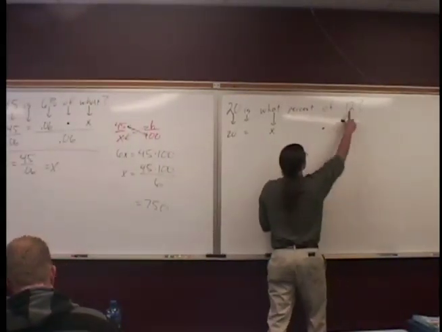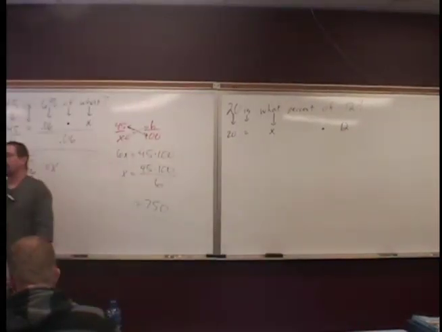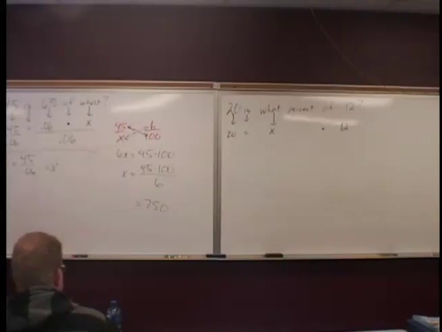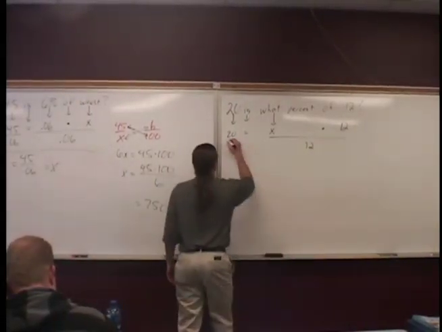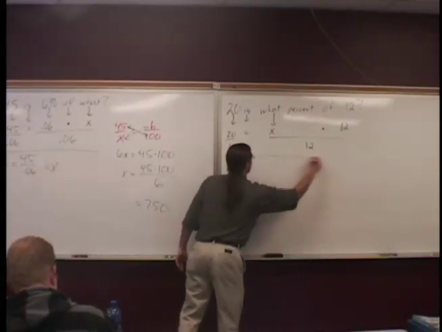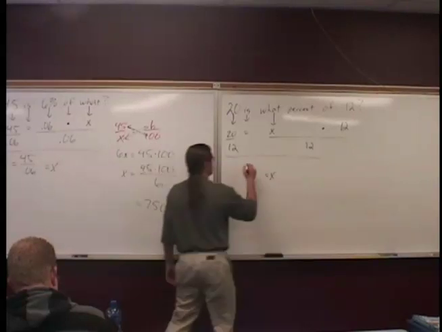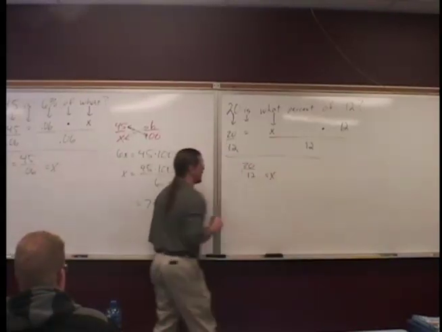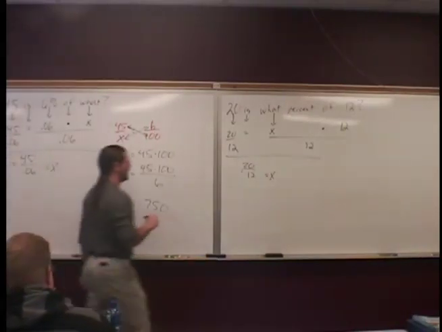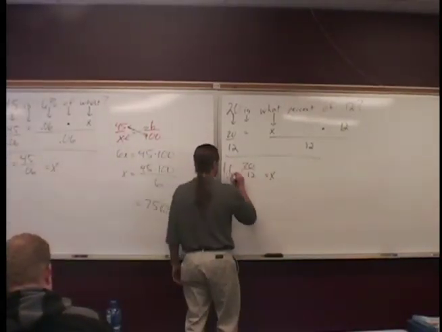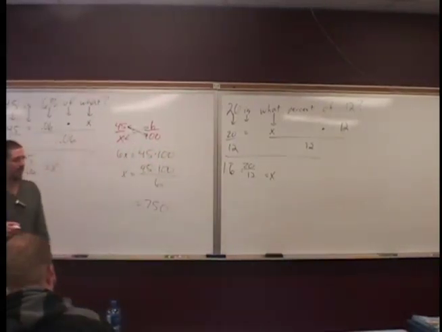Of is multiplication, 12 is 12. So 20 equals x times 12. How do we solve for x? Divide by 12. What's 20 divided by 12? 1.666666666. 20 divided by 12?